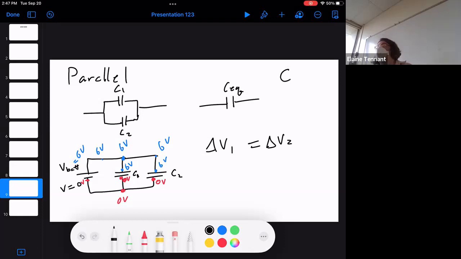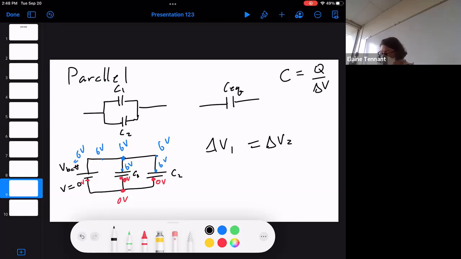And if we have identical capacitors, it will be the same. Because capacitance is charge over potential difference. And if the potential difference is the same and the capacitance is the same, then the charge will be the same. But there's no guarantee that my capacitors are the same. Maybe one's 1 microfarad, then the other's 2 microfarads, right? And so there's a very good chance that the charge on 1 and the charge on 2 are not the same. So far, so good?